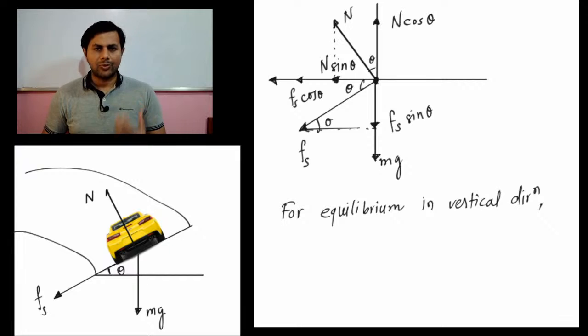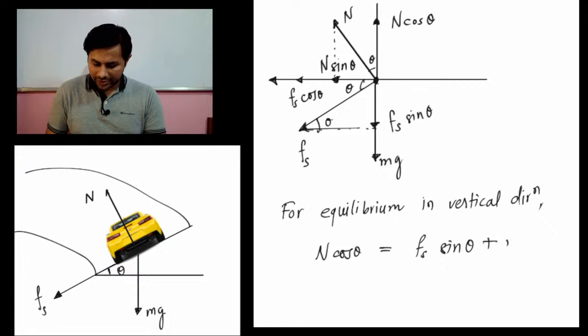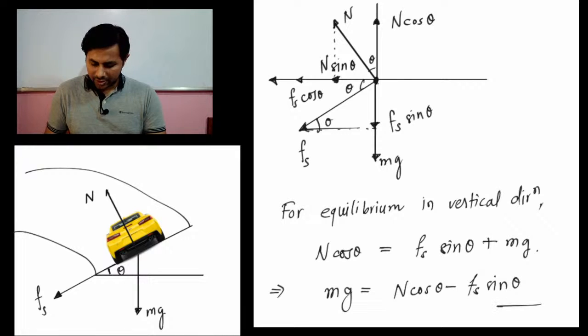So net upward force is equal to net downward force. I can rewrite this expression like this: mg is equal to N cos theta minus Fs into sin theta. Let's call this expression 1.